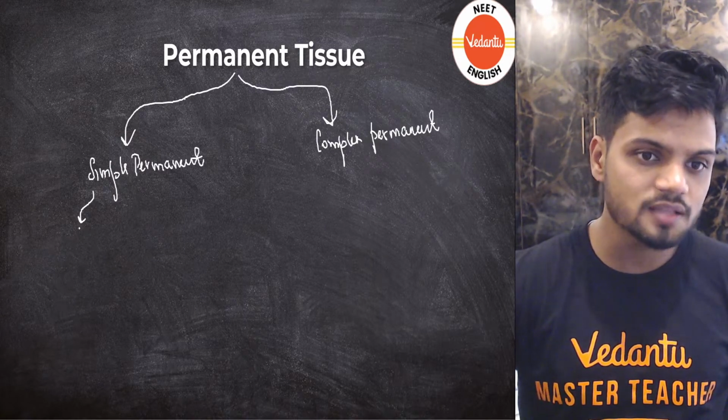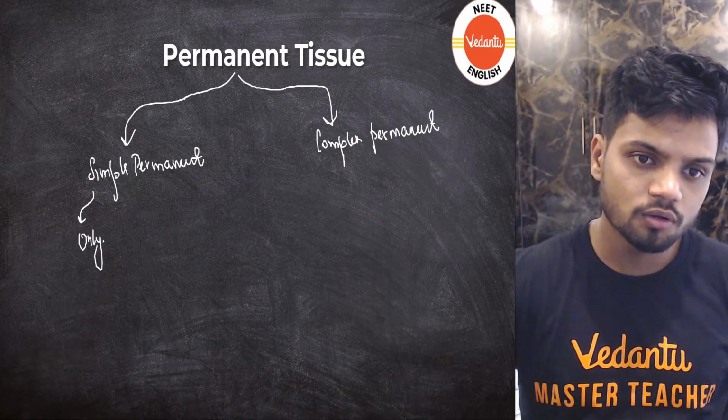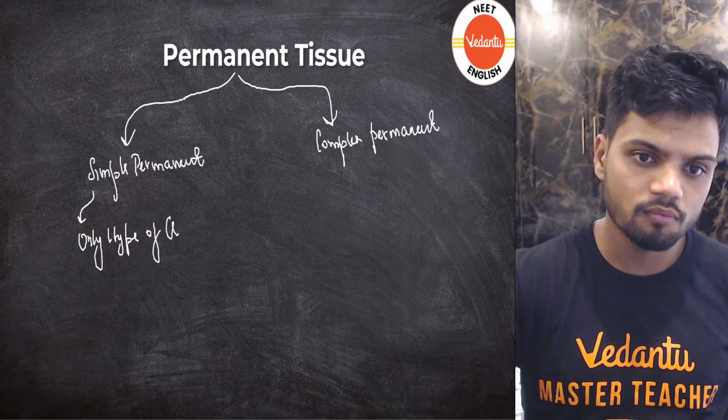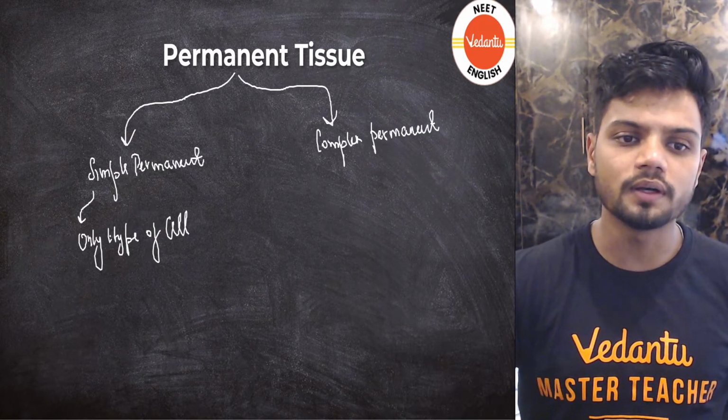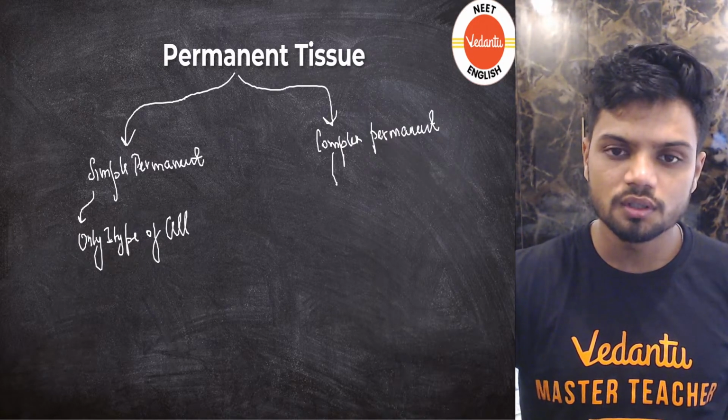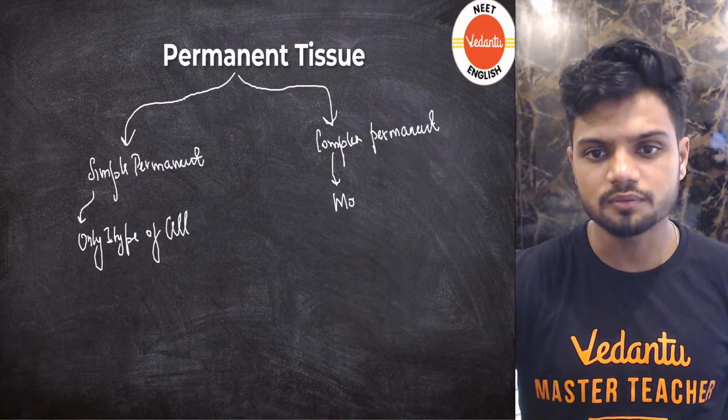Simple permanent has only one type of cell. Complex tissue will have more than one type of cell.